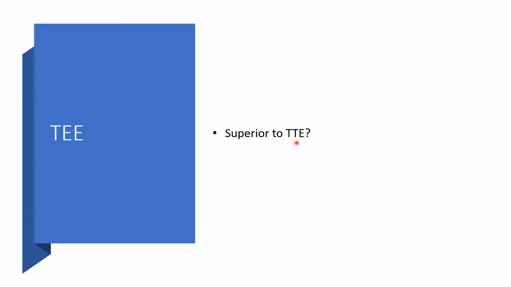If TTE is positive and you have treated the patient, but you are not winning, then do TEE to know exactly what's going on. If TTE is showing valvular regurgitation, and you need to make up your mind whether or not surgery will be required, then have TEE done. So TEE is superior to TTE.